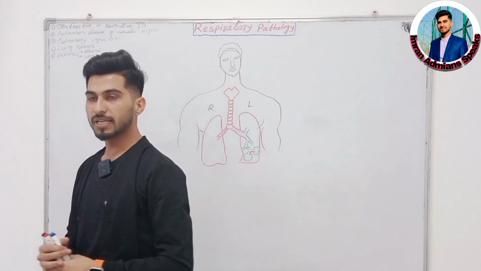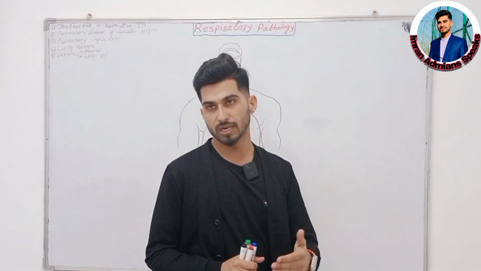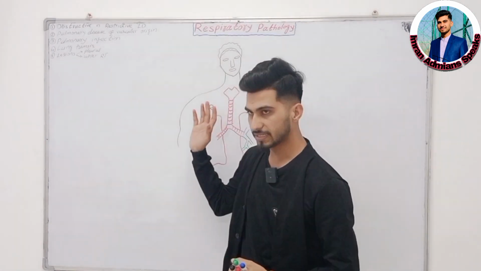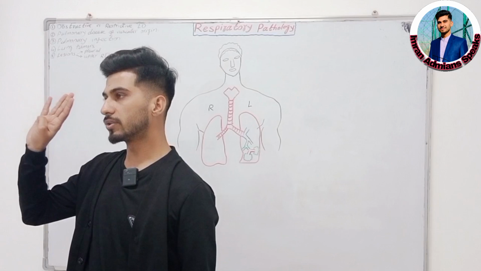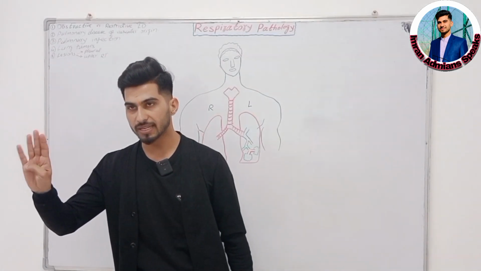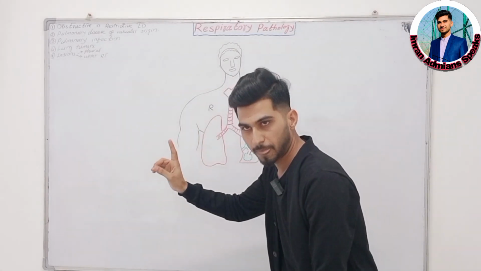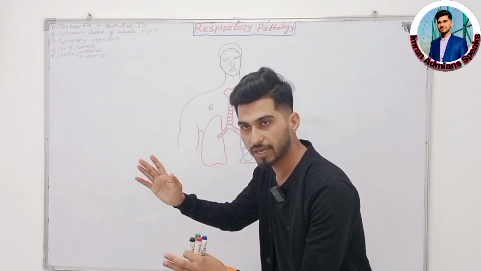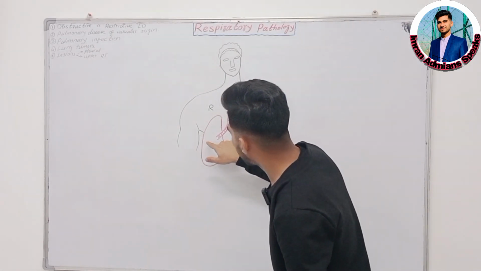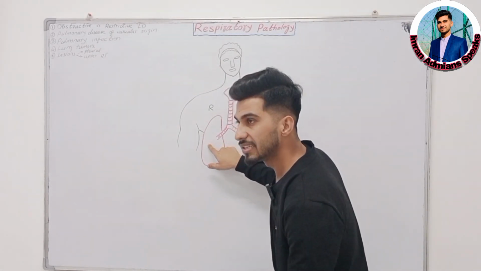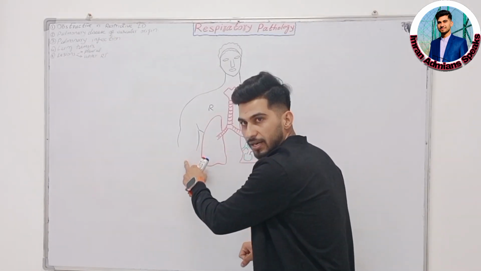After that we discussed the anatomy, and then the physiology of the respiratory system, in which we discussed in detail. In physiology, there are a total of 4 points. Point number one: how the air comes into the lungs, through which mechanism. Point two: the exchange of gases between the lungs and the blood.